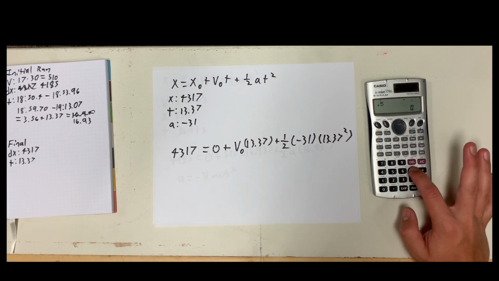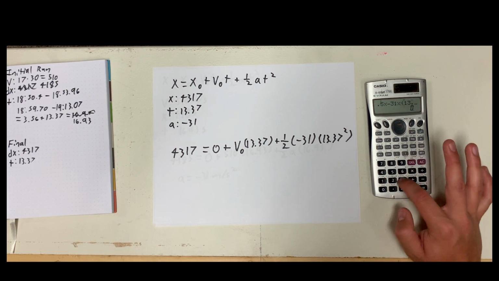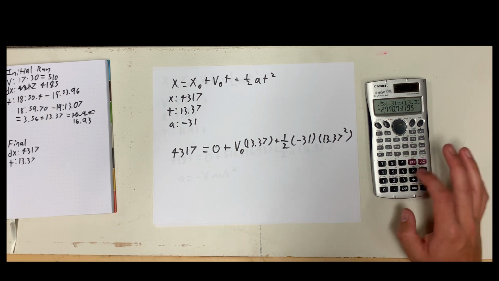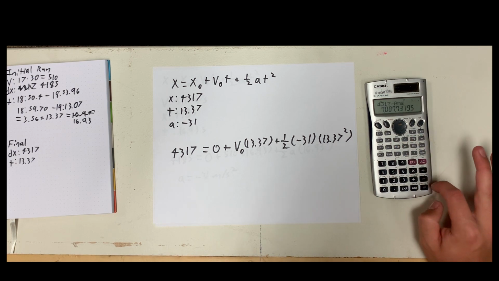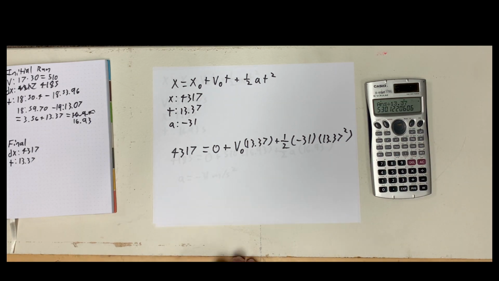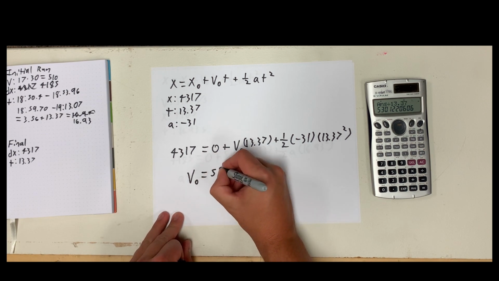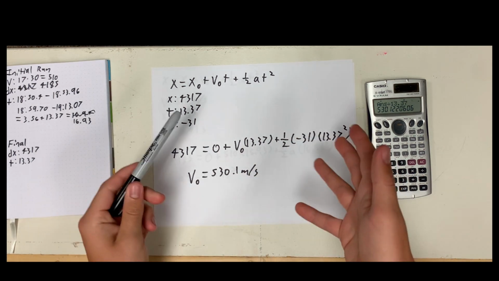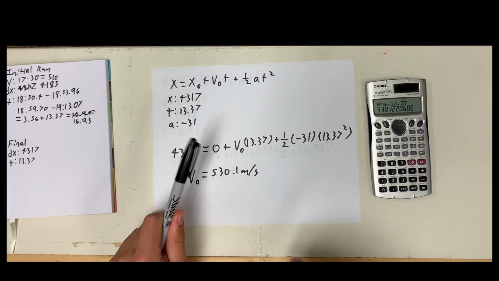So 0.5 times negative 31 times 13.37 squared is going to give us that number. So now 4,317 minus that, divide that number by 13.37. That gives us a vertical velocity, V0, of 530.1 meters per second.